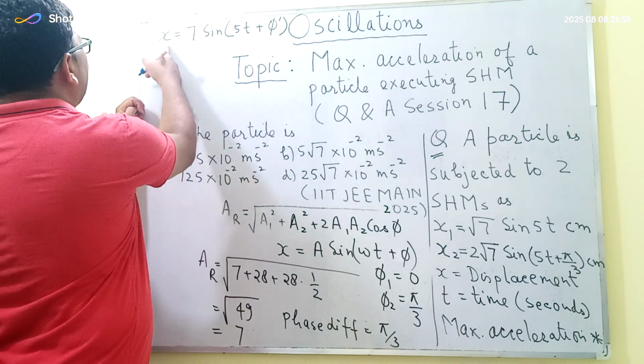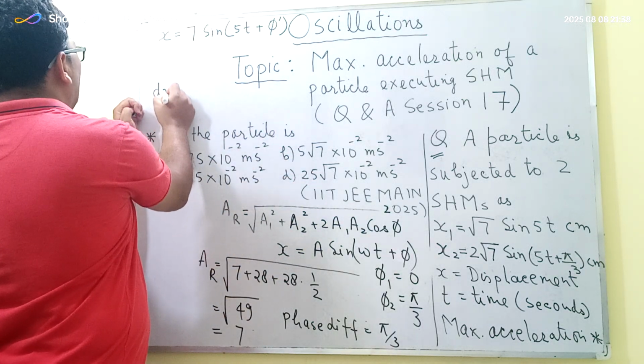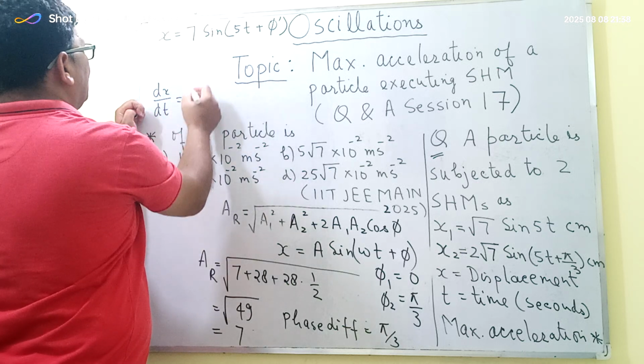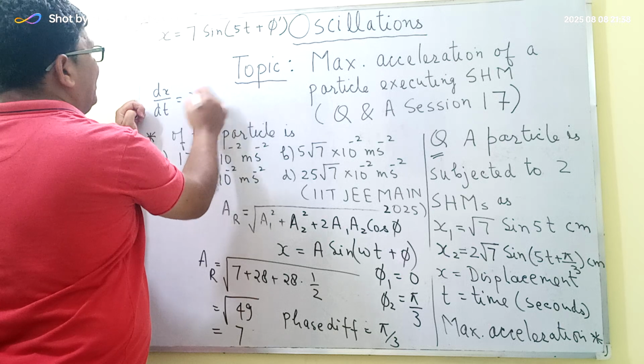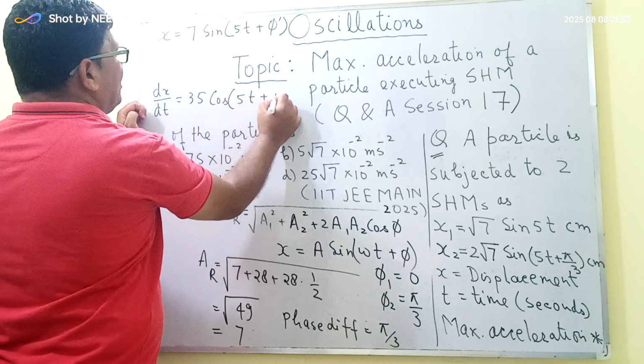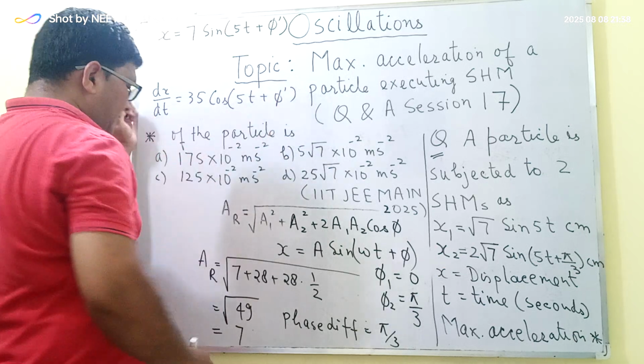So if I differentiate it once, I will be getting dx upon dt. This is equal to 7 into 5, that is 35, and this will become cos (5t plus phi dash).